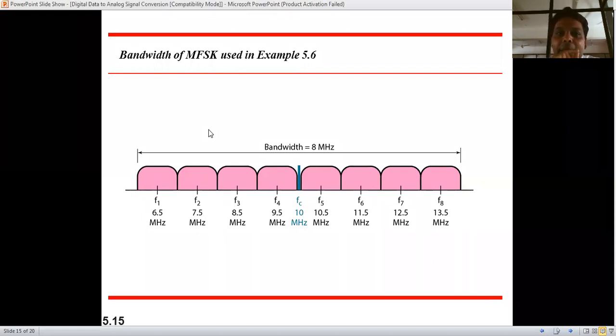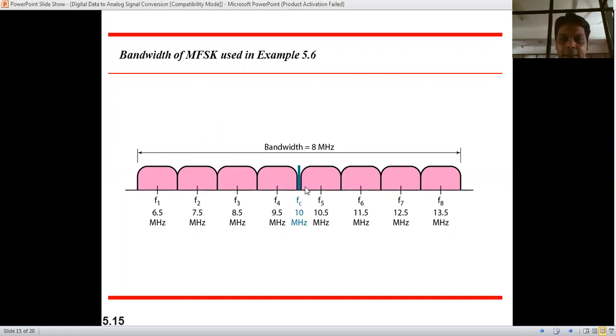So the bandwidth of multi-level frequency shift keying is calculated as L, which represents the number of signal levels, times S, where S is the baud rate or signal element rate.